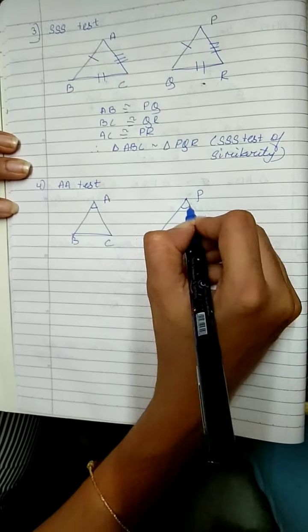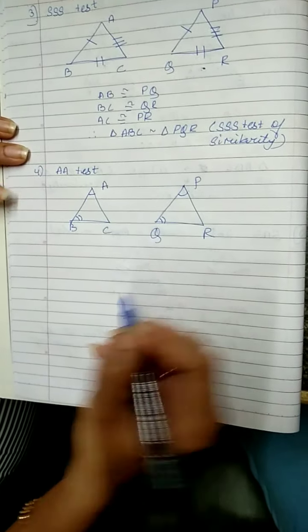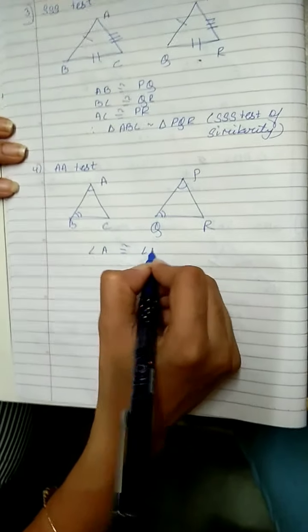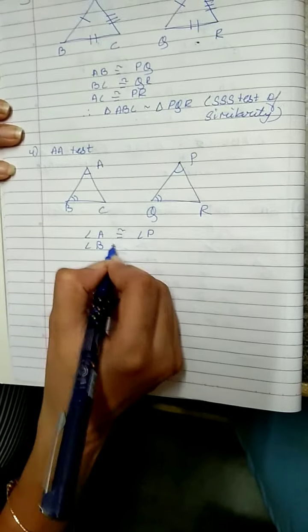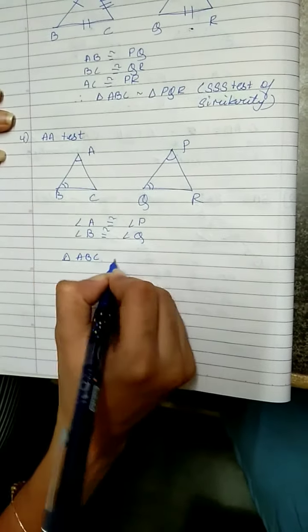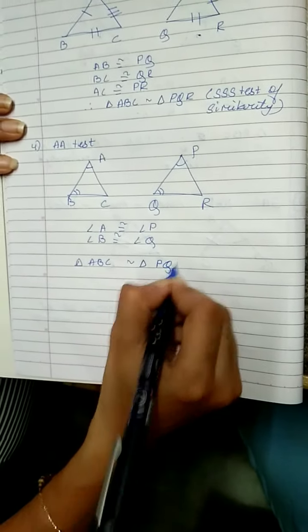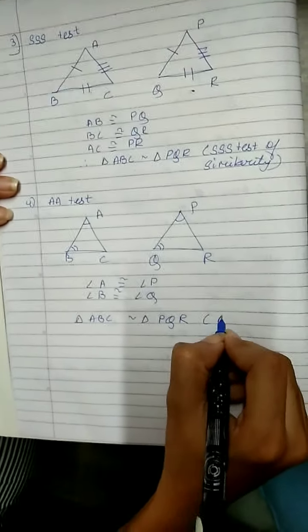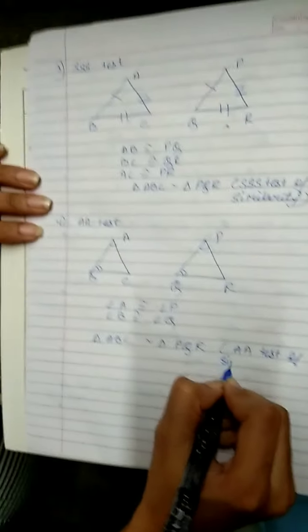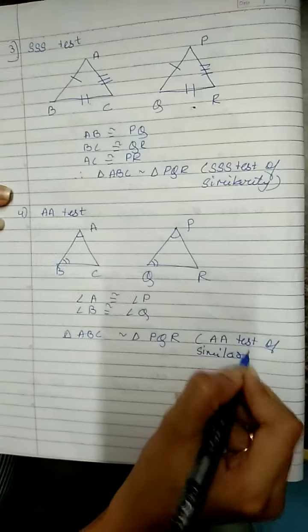Angle A is congruent to angle P, angle B is congruent to angle Q. Therefore, triangle ABC is similar to triangle PQR by AA test of similarity, which is based on the test of similarity of triangle property.